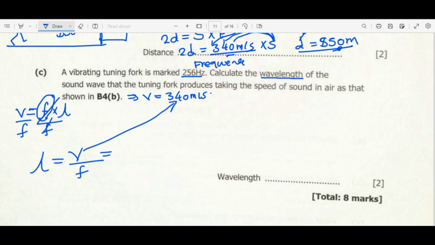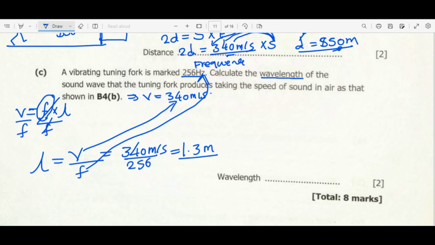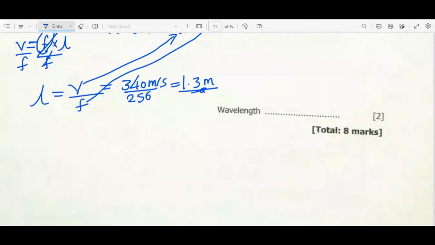So what's our speed? 340 meters per second. What's our frequency? The frequency is 256. So 340 divided by 256. So I'm getting 1.328125. So 1.3 meters.